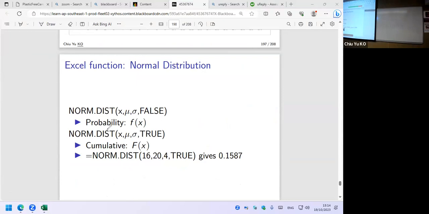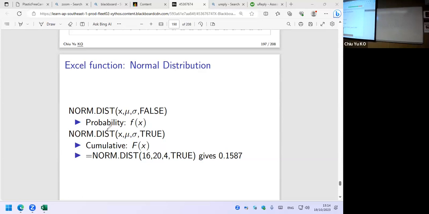So you put 16, 24, and it gives you the answer directly. Even better than the standard table, right? The standard table means the mean is 0 and the SD is 1, right? But Excel does the conversion for you. Because you need to subtract the mean over the SD and then calculate. But Excel does it in the background.